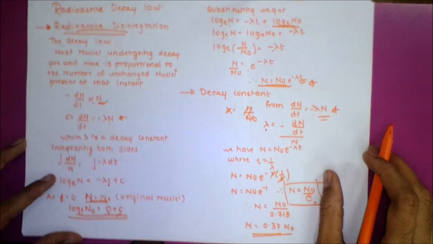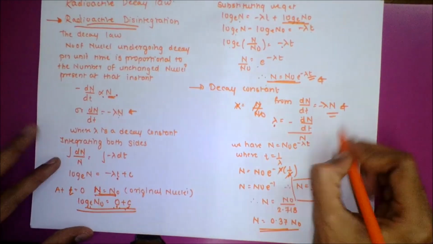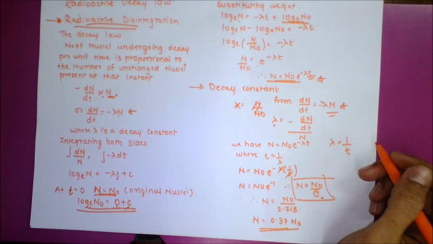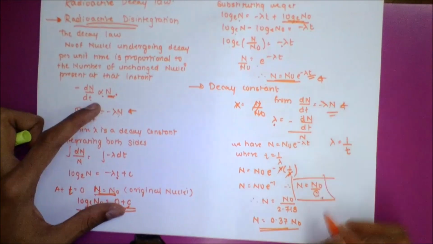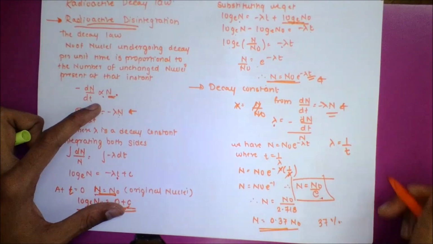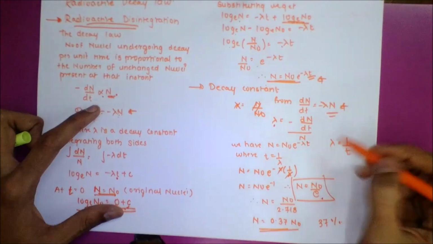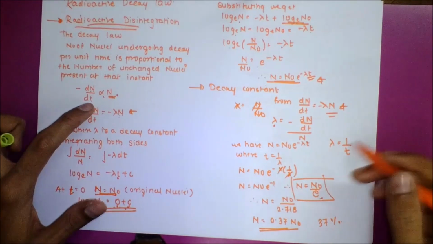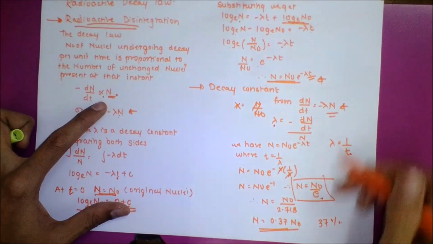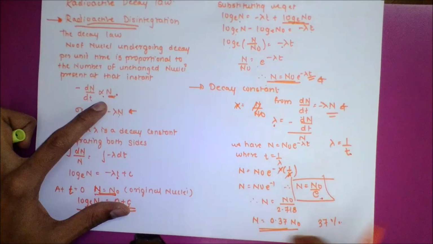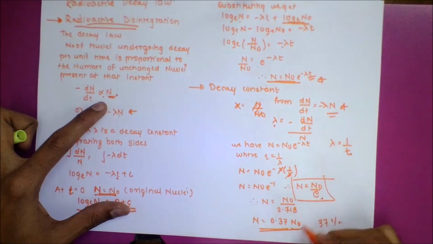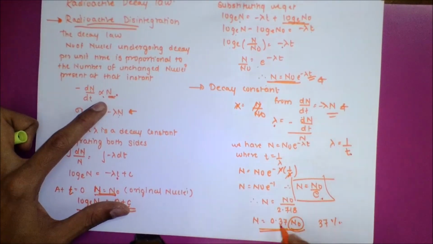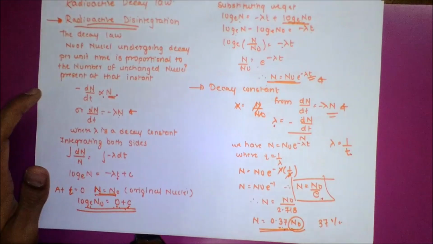So the decay constant lambda, which equals 1 upon t, can be defined as the reciprocal of the time duration in which the substance decays to 37% of its original quantity.